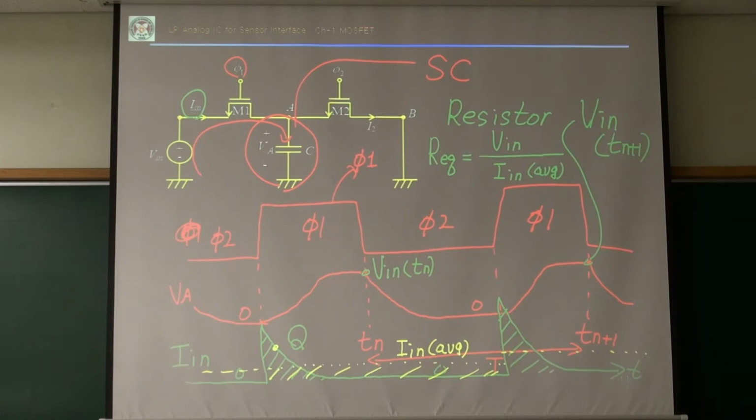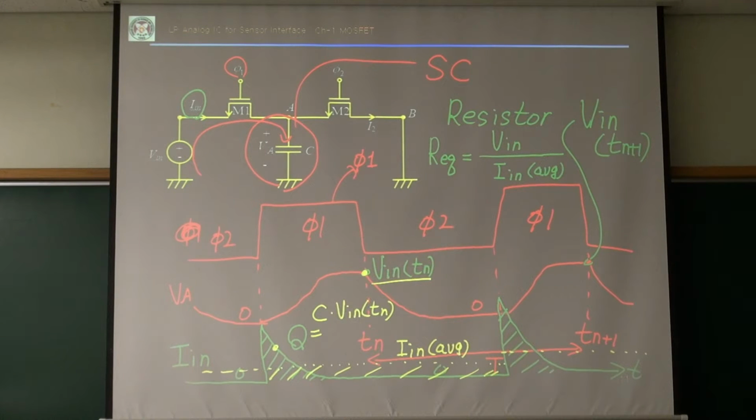So what's the charge supplied during phi 1 phase? It's easy because capacitor C is charged to Vin(Tn), right? This Q should be C times Vin(Tn). So this amount of charge is supplied to C at the phi 1 phase, right?